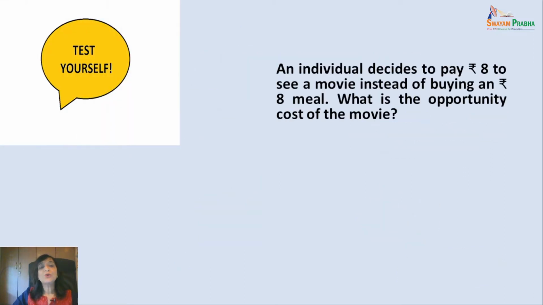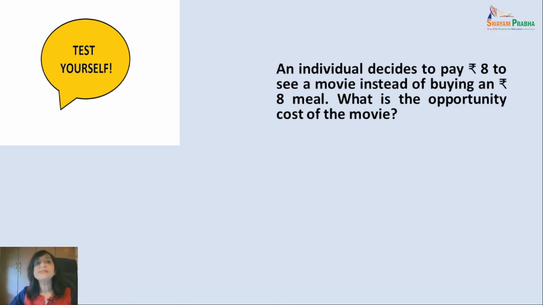Now let us do a quick test of the opportunity cost we have understood. So learners, please pay attention to this question. What does this question say? It says that an individual decides to pay 8 rupees to see a movie instead of buying an 8 rupee meal. So what is scarce here? What is his resource here?